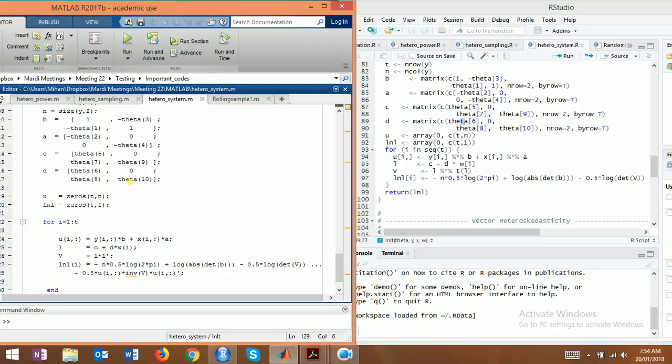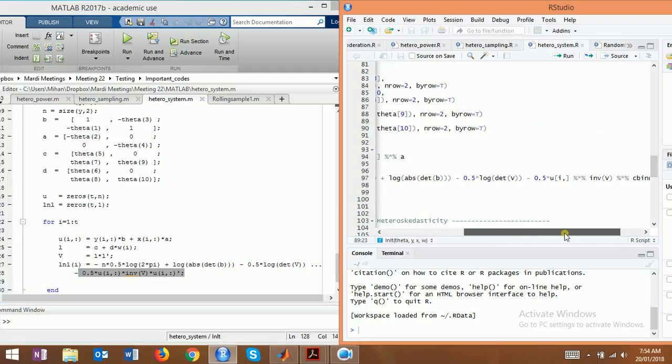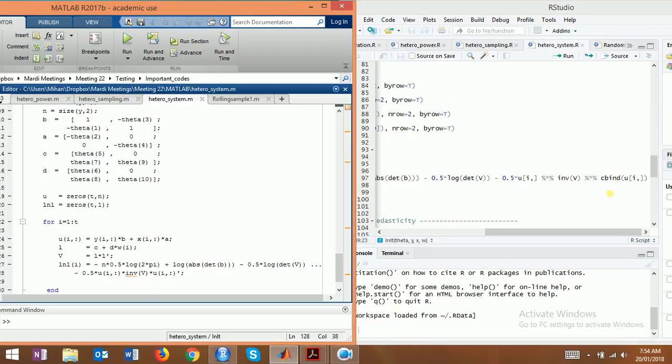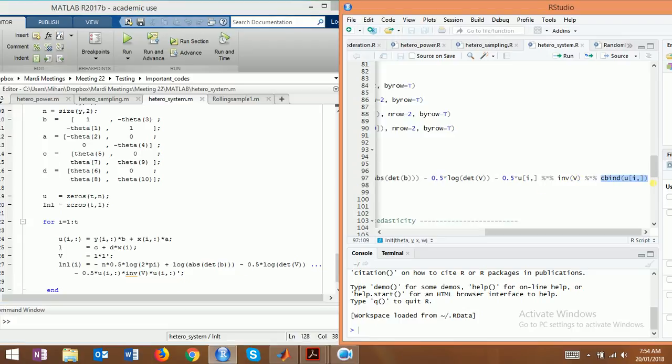We haven't done that before. So not only 0.5 but n 0.5 log twice pi, then the determinant of b, determinant of v, the variance covariance, then the decomposition, right? So column bind u, 0.5 inverse v into i rows on column bind u i for all. Okay, so for all the columns, this is being done for all the columns.